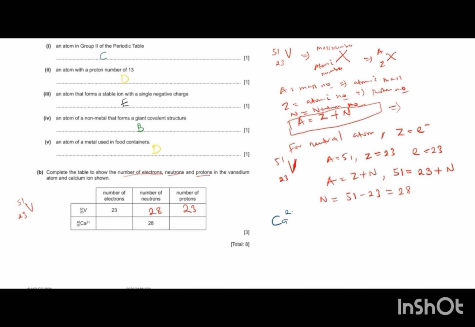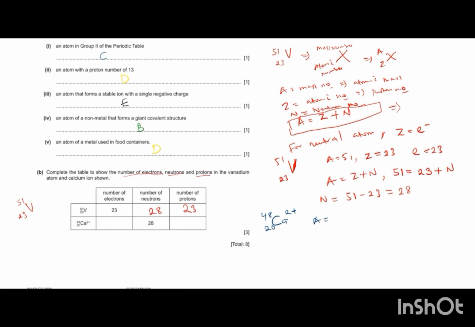This one has a mass number of 48 and an atomic number of 20. Mass number can actually vary, but atomic number is always constant. So A here is 48 for calcium and Z is 20.